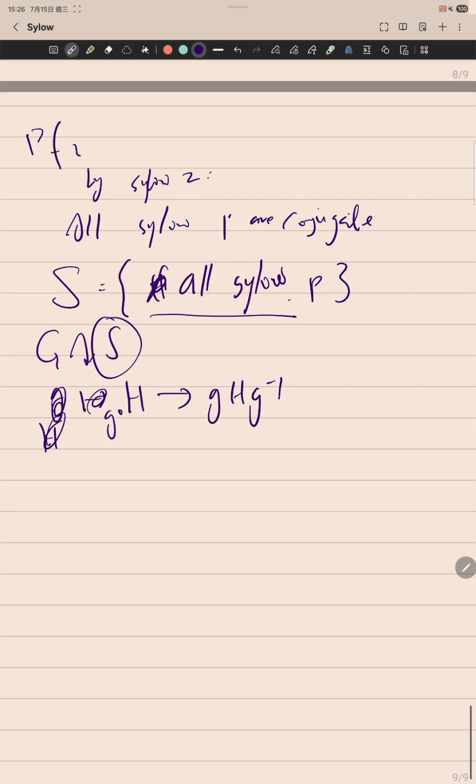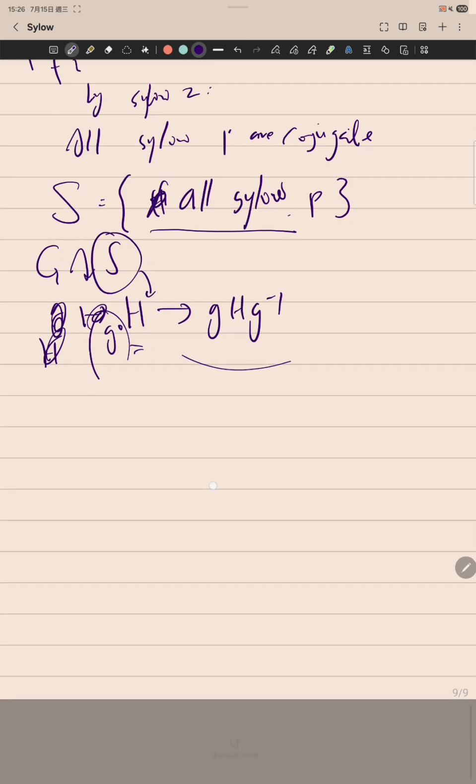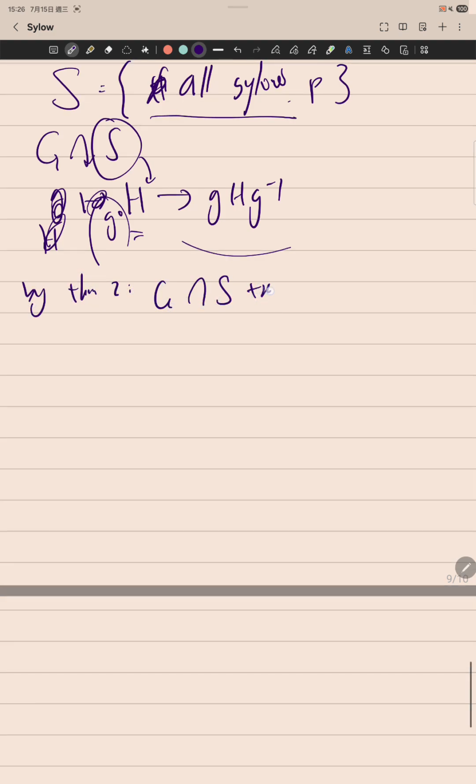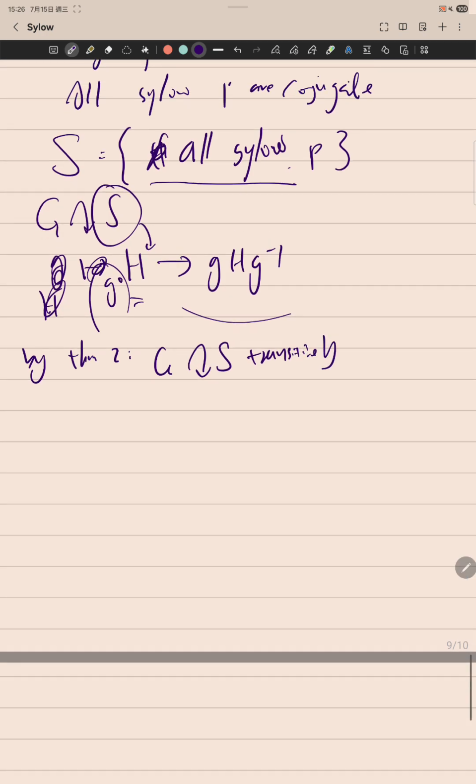So for each subgroup H, my element g applied on it will just be the conjugation. By theorem 2, G acts on S transitively, because each Sylow group is conjugate. So you take any Sylow group, then you conjugate, and you will finally become another Sylow group.